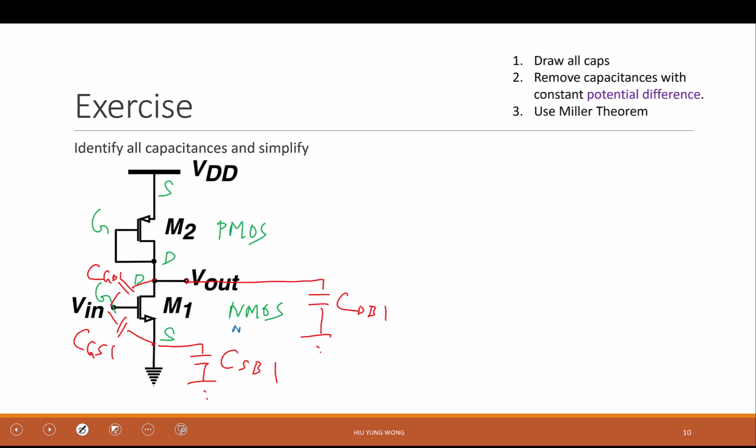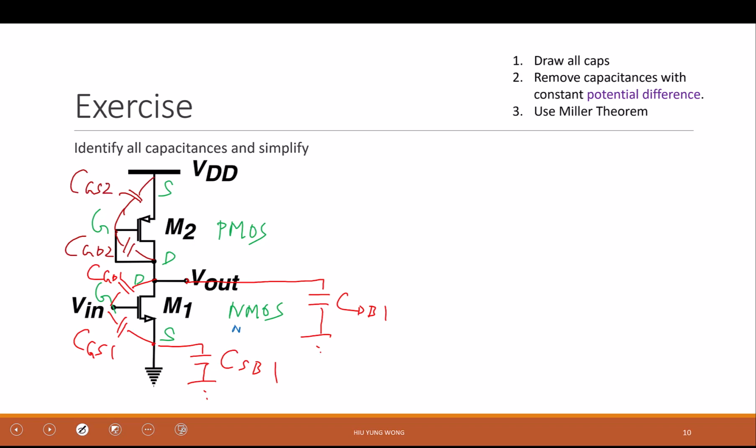Then let's go to PMOS. What do I have for PMOS? What do you call this? CGD2, thank you. And I just go through my cheat sheet. I know there are 4. This is CGS2, right?